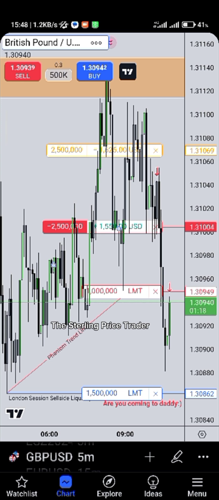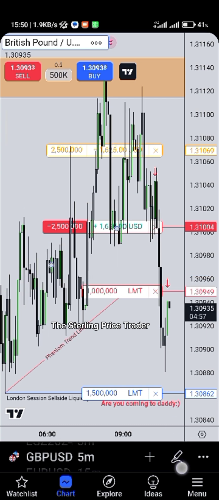So in less than 2 minutes, it will be 10:50. If this fails to do it, I don't know if 10:50 will be able to succeed in doing that. Oh, look how close price is. Will it give it?